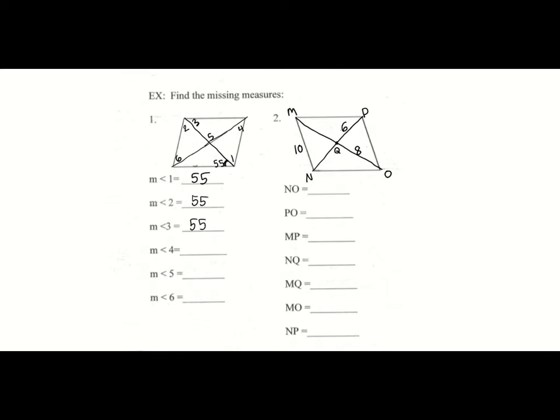Okay, then to find angle 4, we need to figure out this whole angle over here. So if we know angle 1 is also 55, we know this whole angle right here, this whole thing is 110.